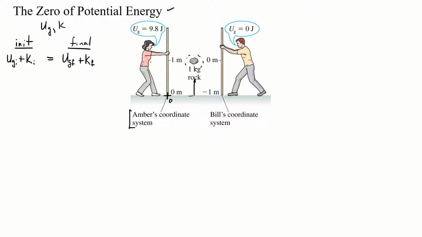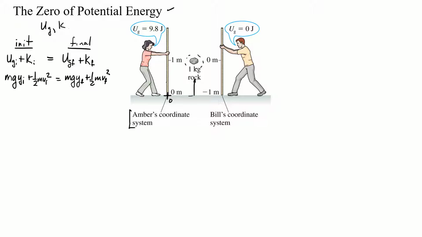And if I look from Amber's point of view, my gravitational potential energy at the start is the mass of the rock times g times y initial, and my kinetic energy is 1/2 m v initial squared, and that's going to be equal to the same thing, but the final values, 1/2 m v final squared.